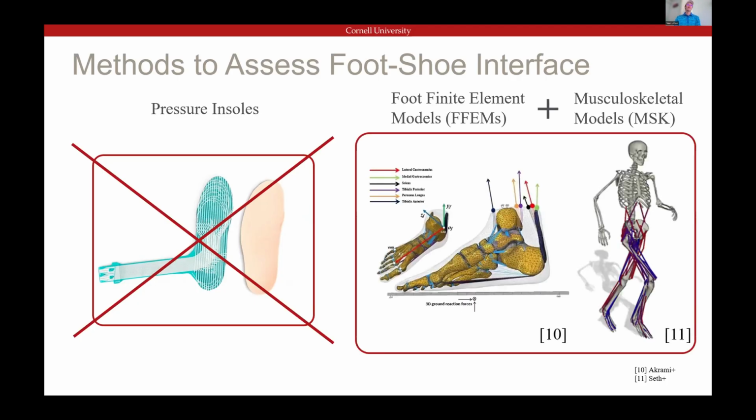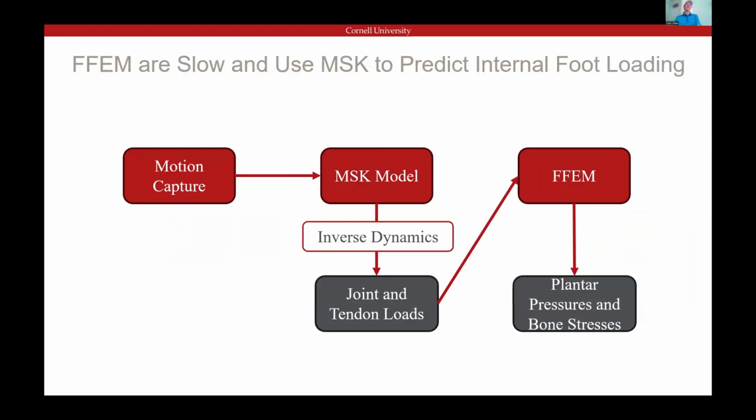The strongest candidate is finite element models paired with musculoskeletal models. So together, they're able to predict joint and tendon loading, as well as bone stresses and plantar pressures. So investigating them further in the current workflow, we start with motion capture. So this is what we're getting already in the labs. Motion capture is provided as an input to musculoskeletal models.